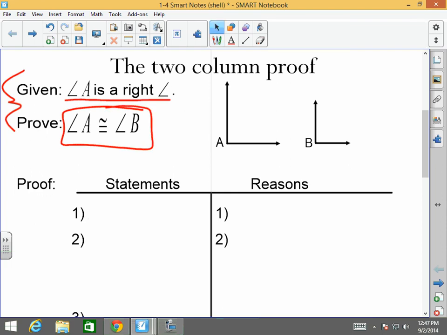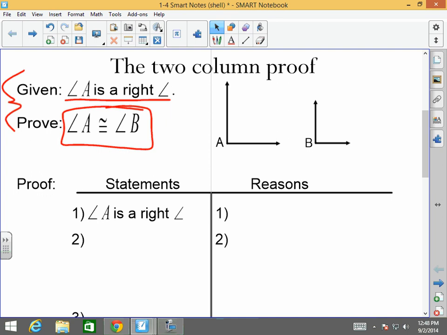So, first thing you're always going to do, no matter what, if you can do this, you're going to get at least a few points on the proof. I promise. Write down the given information. And from the given information, then proceed to see what other theorem or definition or postulate I can use to continue my proof. So here, the given is that angle A is a right angle.